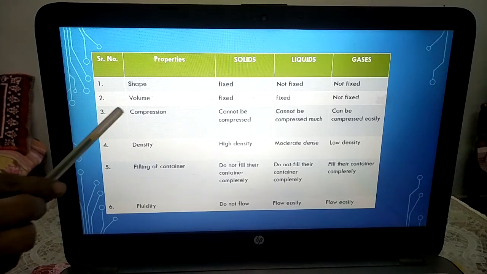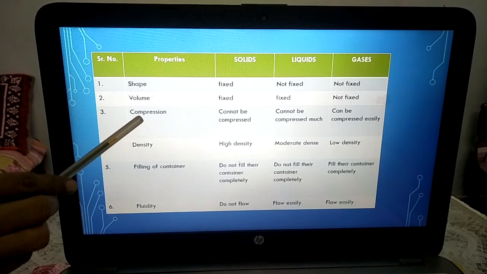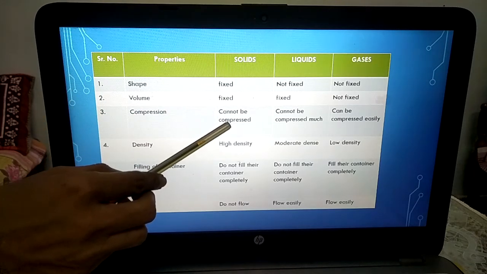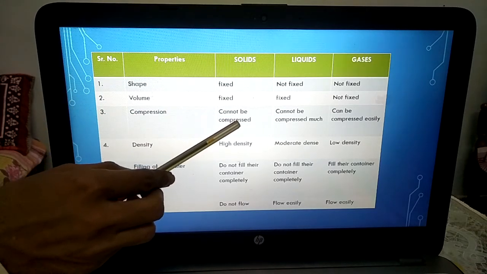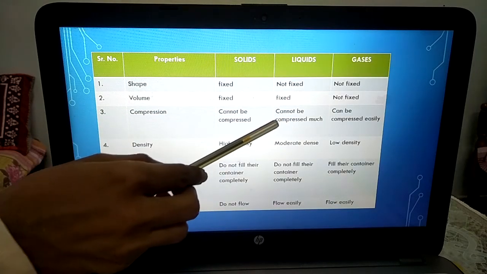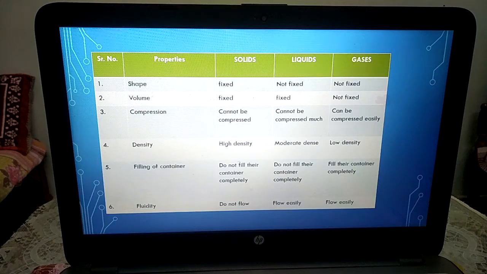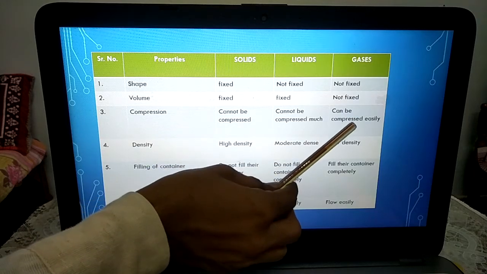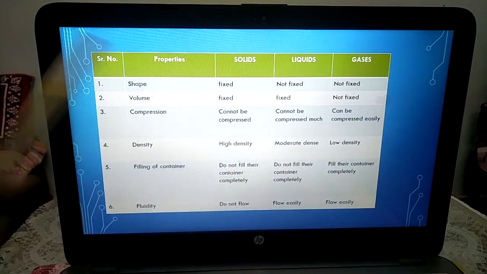Now compression means दबाव, किसको दबाया जा सकता है. Can solids be compressed? No, solids cannot be compressed. Can liquids be compressed? Yes, liquids can be compressed somewhat, but not much. Can gases be compressed? Yes, gases can be compressed easily.